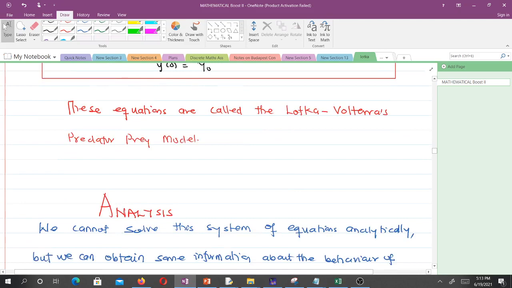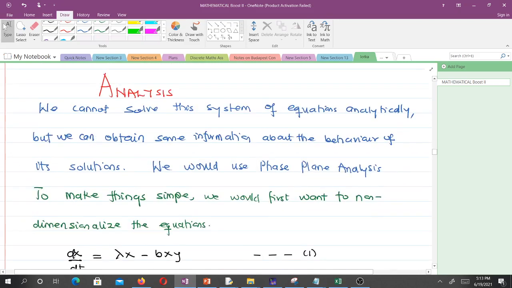So after getting this system of equations, one thing I have to note is that we have to analyze it, but we can't solve this system of equations analytically, right? But we can obtain some information about the behavior of its solution, and we would like to use phase plane analysis to analyze the model.